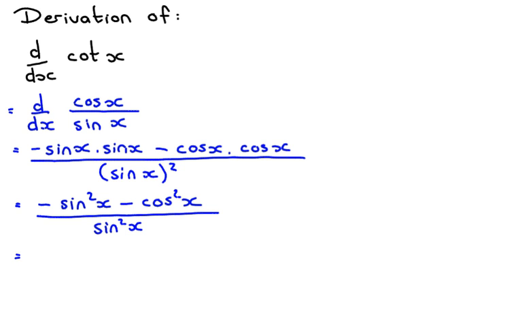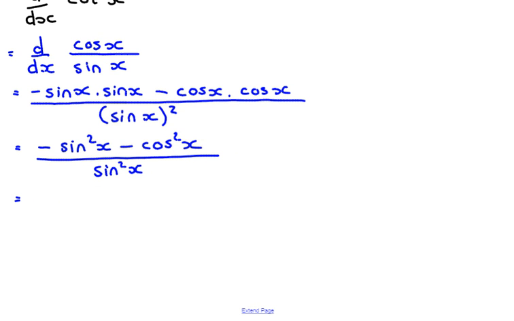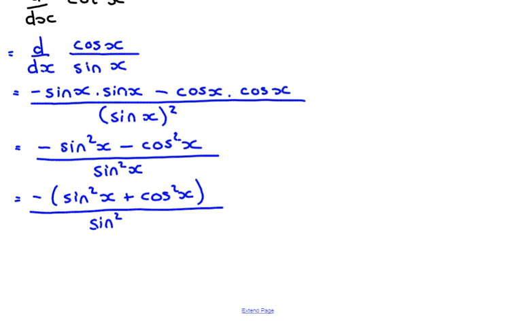I can take out a negative in my numerator, so I get negative sine squared x plus cos squared x over sine squared x, which is negative 1 over sine squared x, which is negative cosec squared x. So the derivative of cot x is negative cosec squared x.